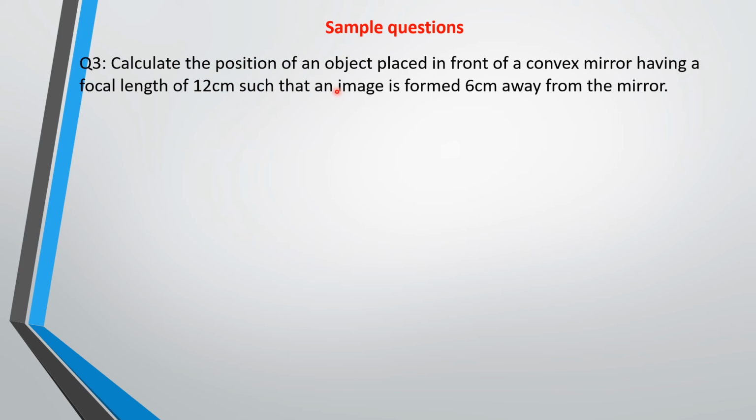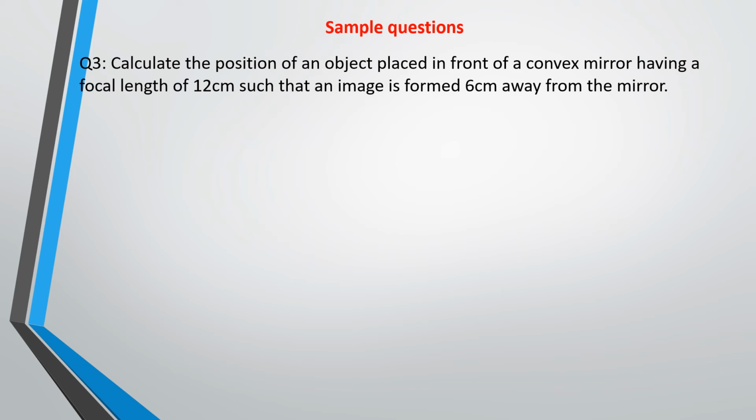This one: calculate the position of an object placed in front of a convex mirror having a focal length of 12 cm, such that an image is formed 6 cm away from the mirror. Now, for real is positive sign convention, the focal length of a convex mirror is negative.